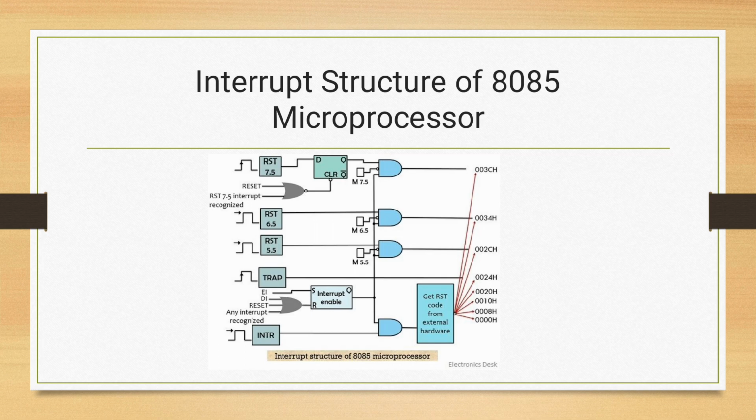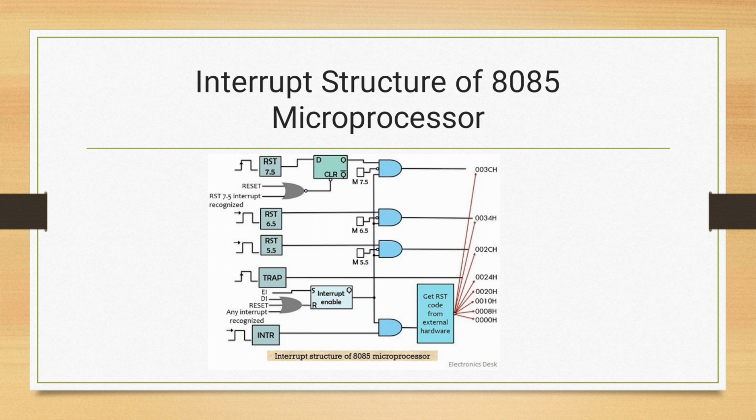You have seen there are 5 interrupts available in the Intel 8085, out of which TRAP is the highest priority interrupt, and it is obviously a non-maskable interrupt. That means if it comes from any external source or device to the CPU, the CPU will be interrupted.